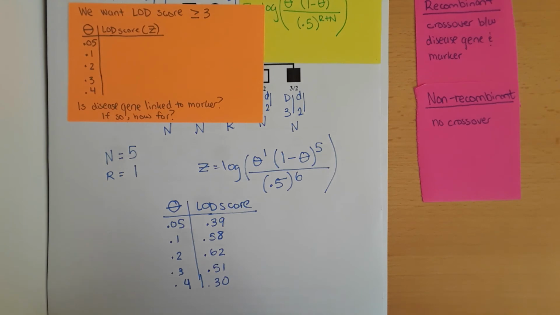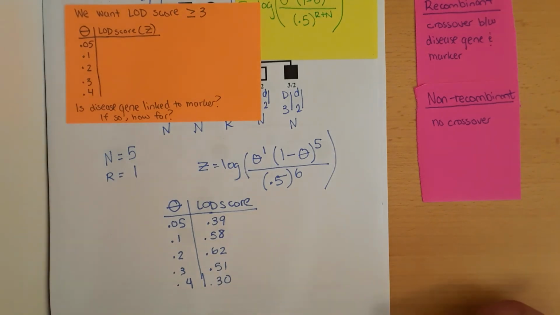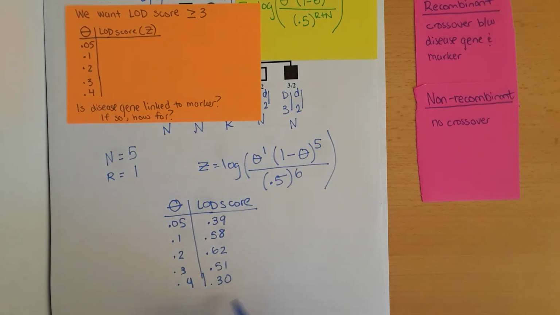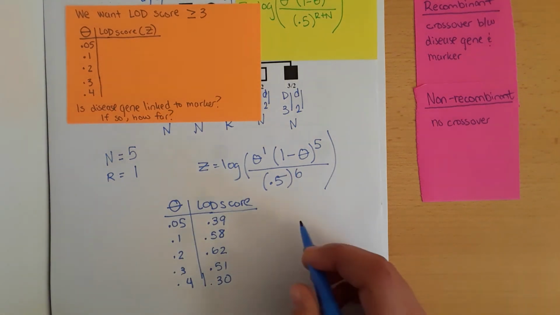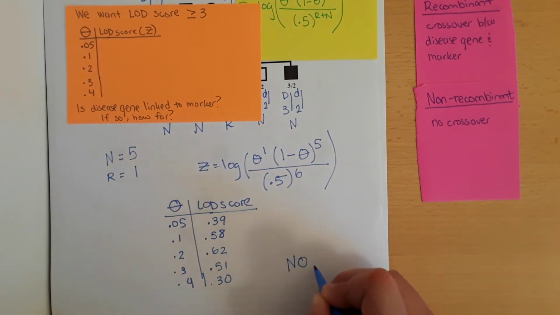So I plugged in all of the theta values, and I got these answers as the LOD score. So now we have to ask ourselves this question. Is the LOD score greater than or equal to 3? No, it's not. So to answer this problem, the answer is no.